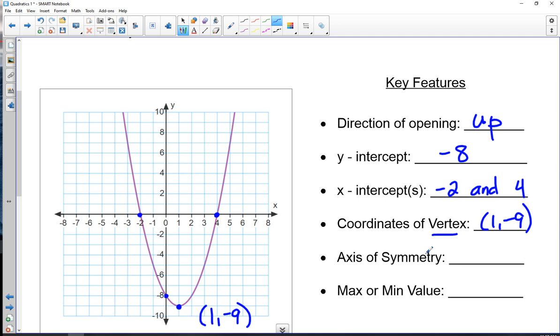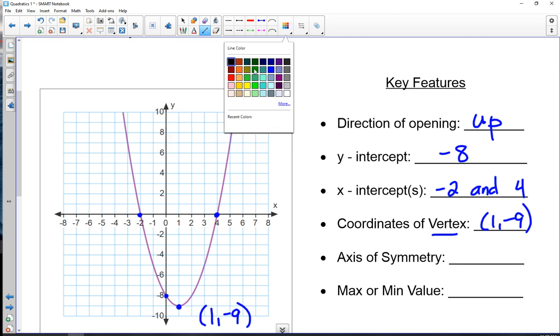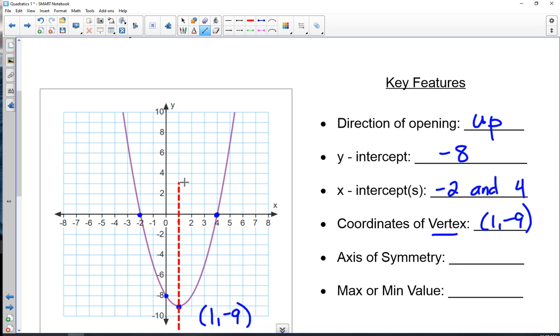Now the axis of symmetry is a vertical line that cuts the parabola into two equal halves. That axis of symmetry is always going to go through the vertex. An interesting thing about the axis of symmetry is that it's right in the middle between the two zeros. You can see that between the x-intercept at negative 2 and the x-intercept at 4, the axis of symmetry is right in the middle.